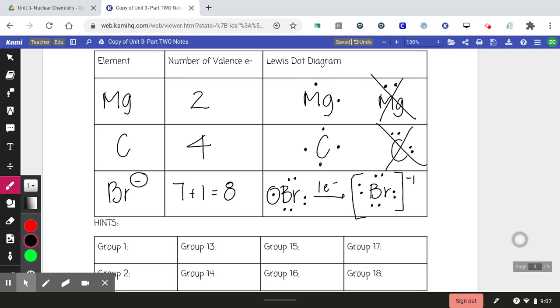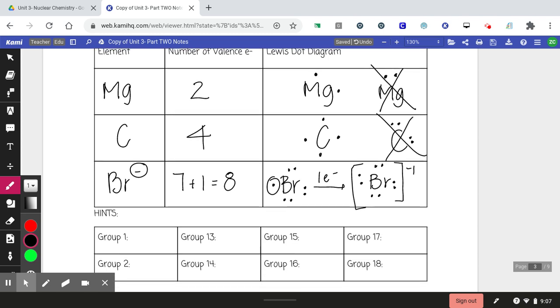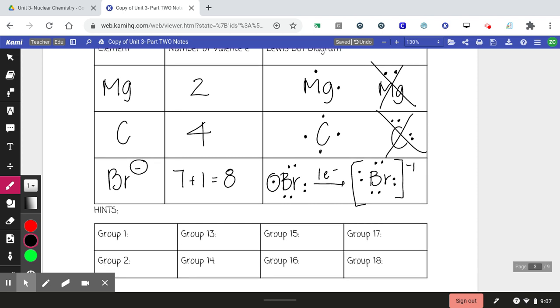So I briefly went over this: magnesium's in group 2, so it has 2 valence electrons. Carbon's in group 14, so it has 4 valence electrons. We can use our group numbers to figure out how many valence electrons each neutral atom has. Group 1 has 1 valence electron. Group 2 has 2. Group 13, we take that 3 out of there and we can say that group 13 has 3.